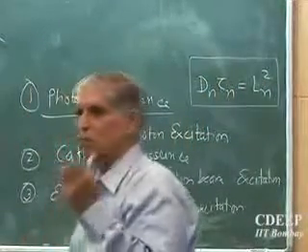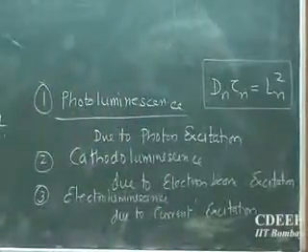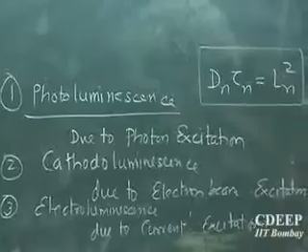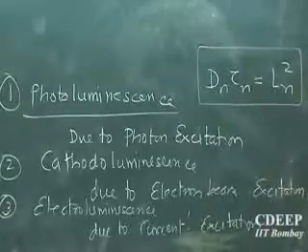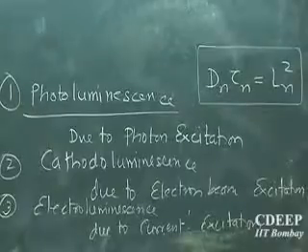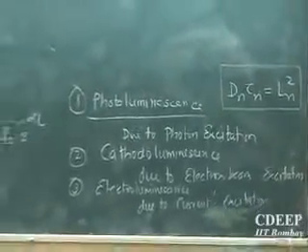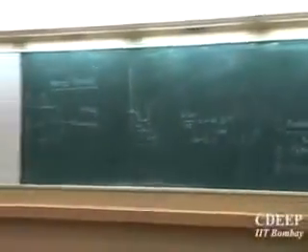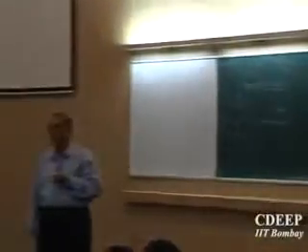So there are three possible luminescences you may see: one due to photon excitation, the other due to electron beam excitation, and the third due to current. In the case of the old cathode ray tube, which our old scope still has, some have LCD screens now, what luminescence are you expecting there?